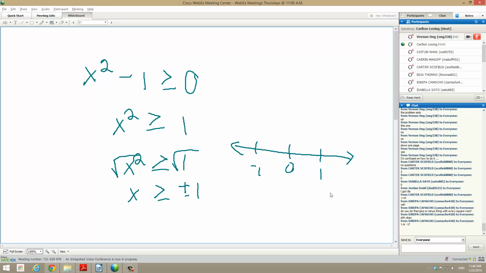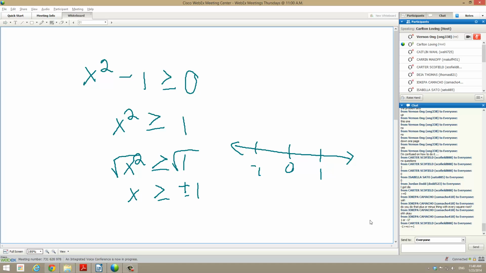Right, but if I said, for instance, is 0 greater than or equal to plus or minus 1?